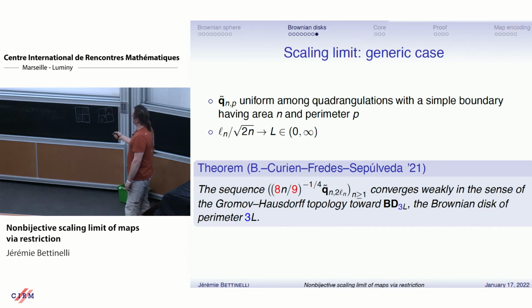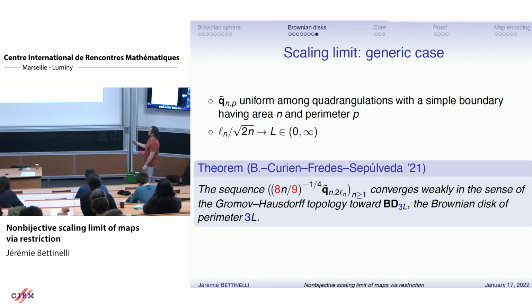Remember that if we remove the tilde, the result we had with Gregory was that this converges to the Brownian disk of perimeter L. With the tilde, it's perimeter 3L. This is a joint result with Nicolas Curien, Louis Fertin, Nevalio, etc.